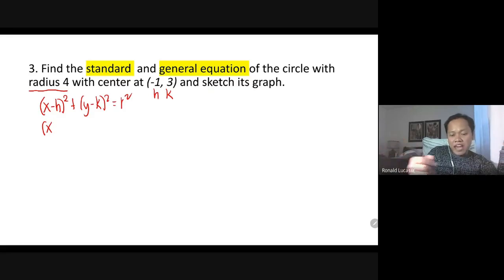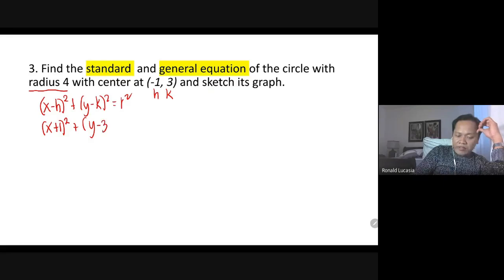The value of h is also negative. That will give us positive 1. Plus y, negative, ang ating formula ng k, so that is negative 3 squared. The radius is 4. So we have x plus 1 quantity squared plus y minus 3 quantity squared is equal to 16. This is now the standard form.